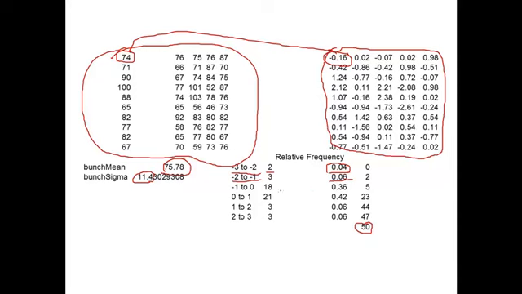All I'm doing here is counting the number of data items that fit these particular classes, rolling them into the frequency column, and then dividing by the number of numbers to get the relative frequency.